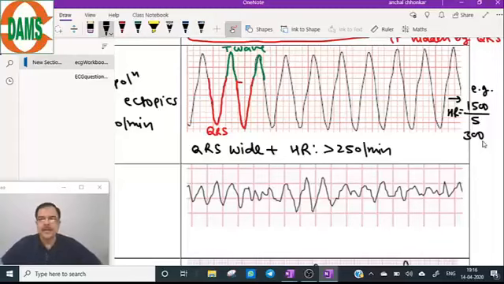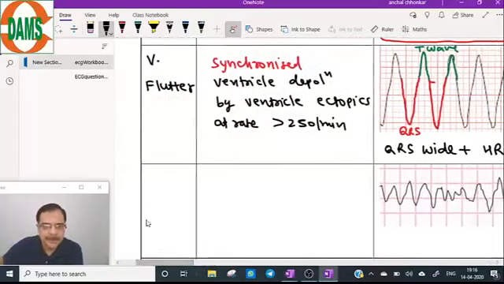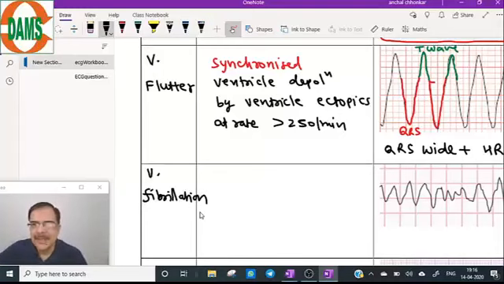Now coming to the third arrhythmia, ventricle fibrillation. Just like atrial fibrillation, which we have done, where the atrial depolarizations were asynchronized, the same word applies here.